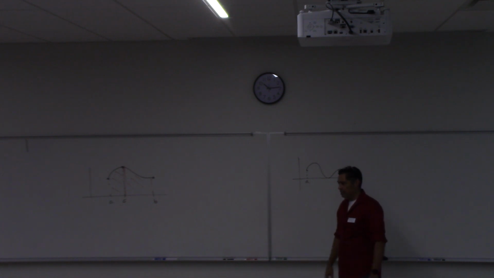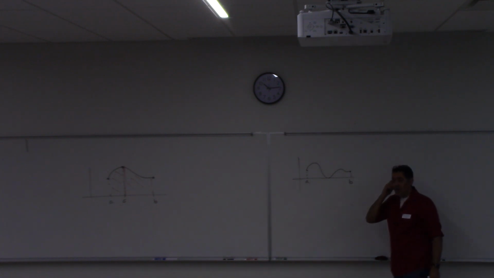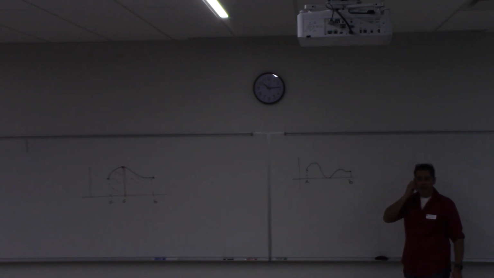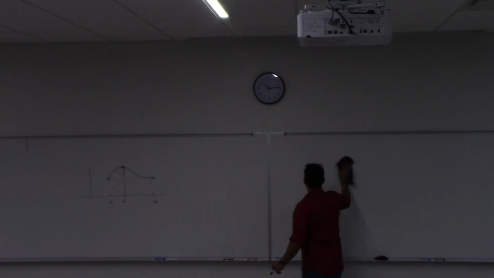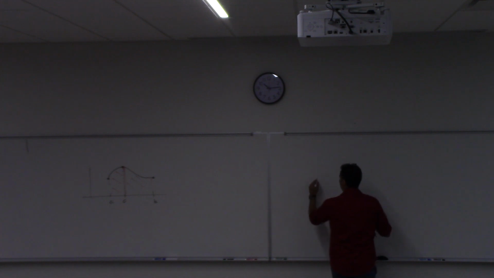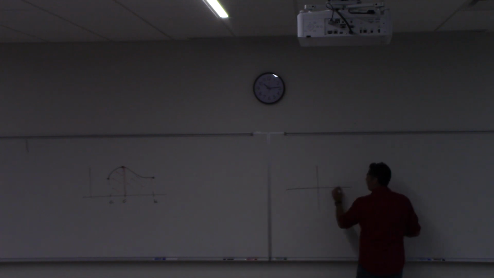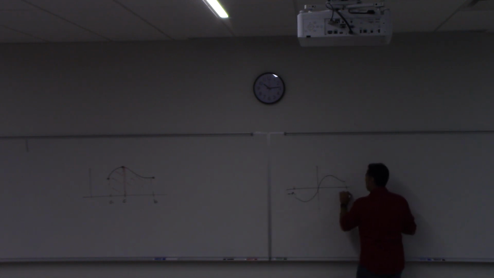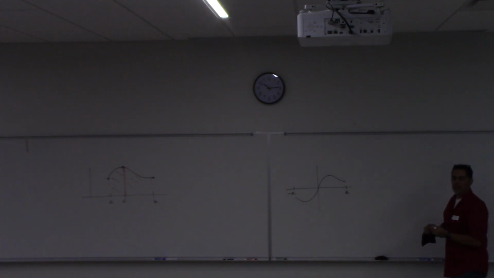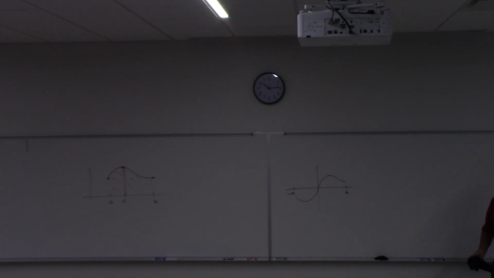What if it's an odd function? Do you know what odd functions look like? It's a reflection over x and y. Here, let me give you an example of an odd function right here. That's an odd function. So what if I went from negative a to a? What could you tell me the area should be? 0.